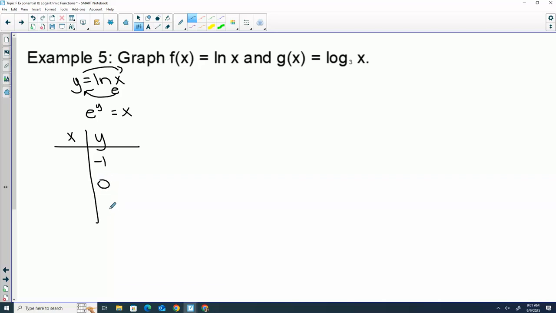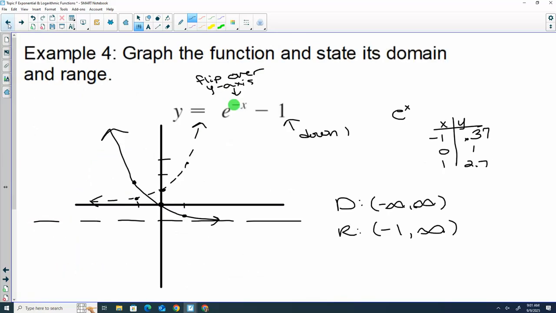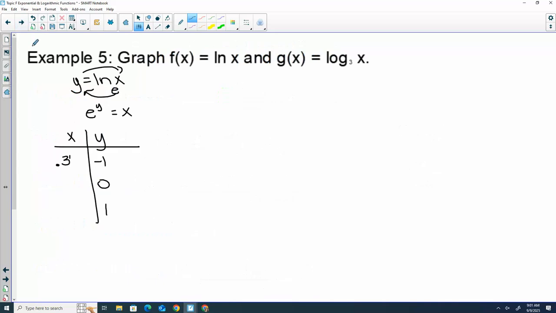So that's my -1, 0, and 1. What's e to the -1? 0.37. Was it 36 or 37? 37. Okay, e to the 0 and e to the first.